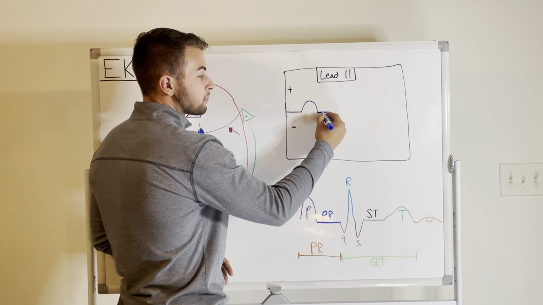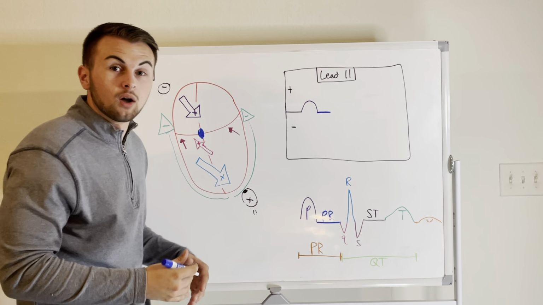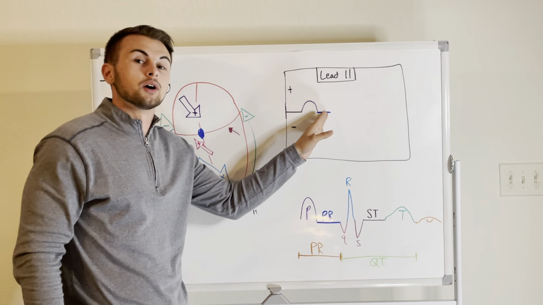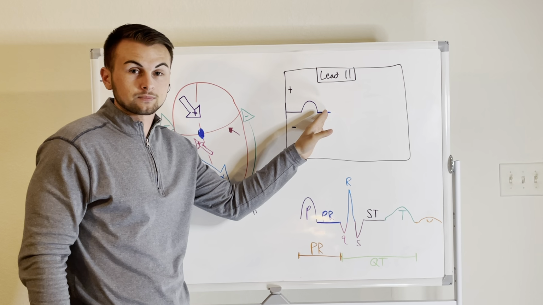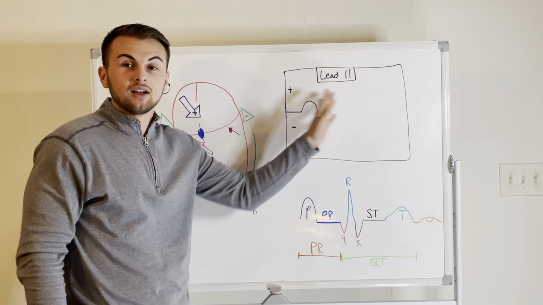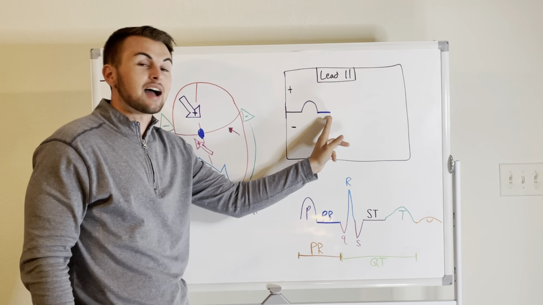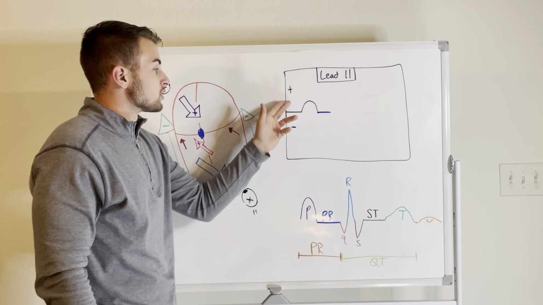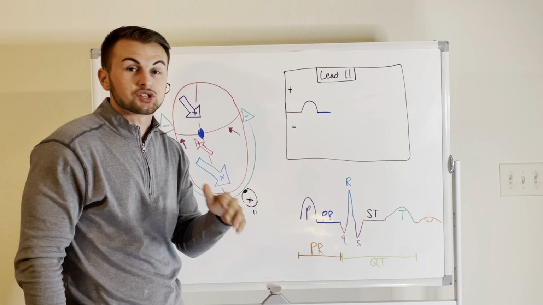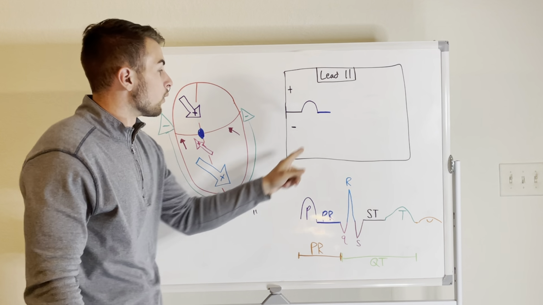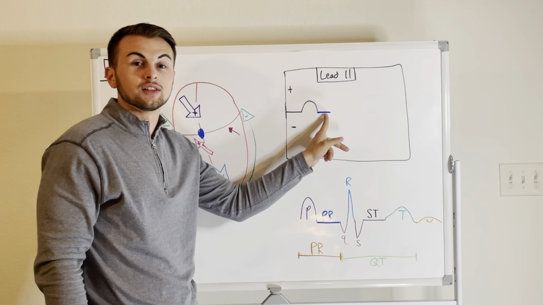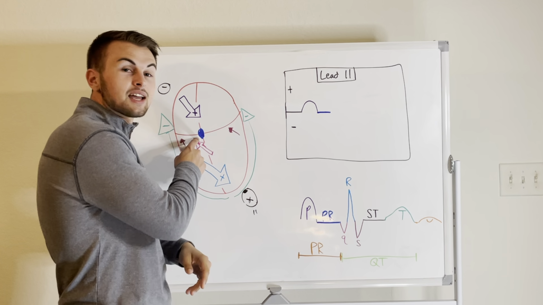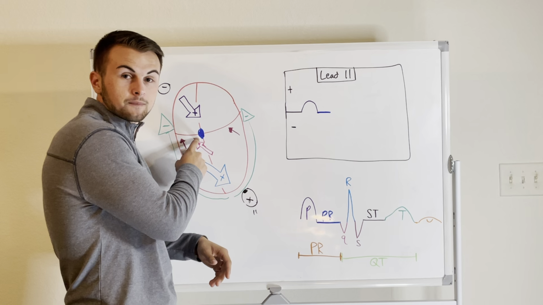It doesn't think that there's a positive or a negative deflection, which means that we see on the EKG an isoelectric or flat line. Now, this is not a flat line like your patient has died. It is an isoelectric line, which basically means that there's no positive or negative deflections happening at this time. So after the P wave, this is called the PR segment, and we know that it represents AV nodal conduction.